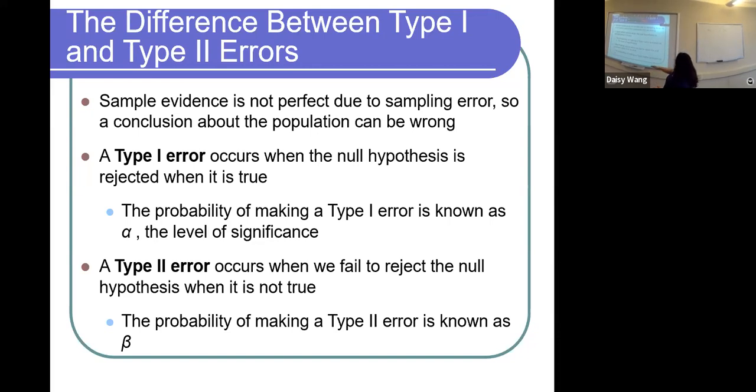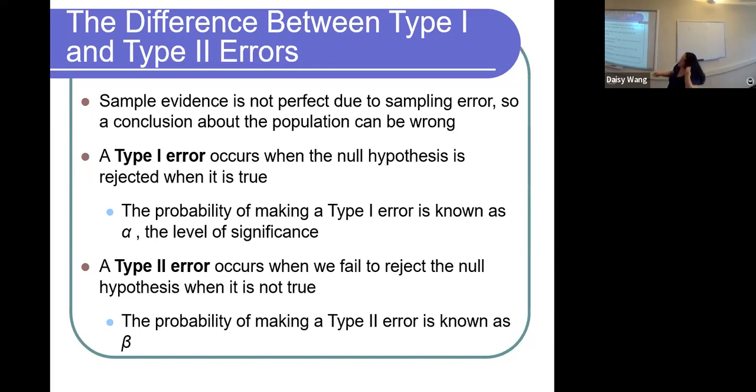The type 2 error is beta. Beta and alpha complement each other. When alpha is high, beta will be low. When beta is high, alpha is low. So if we want to minimize the type 1 error, type 2 error will be higher. If we want to lower the type 2 error, type 1 error will be higher.